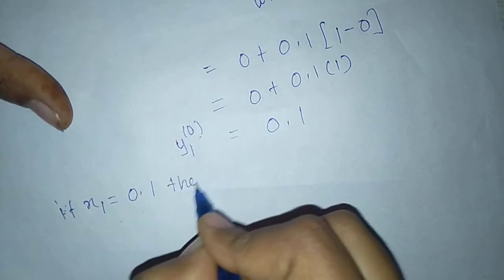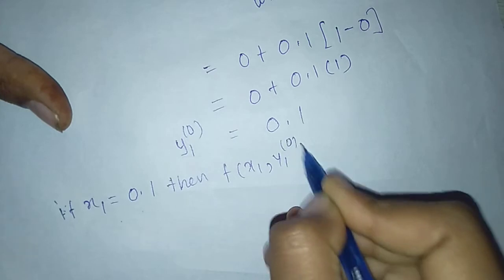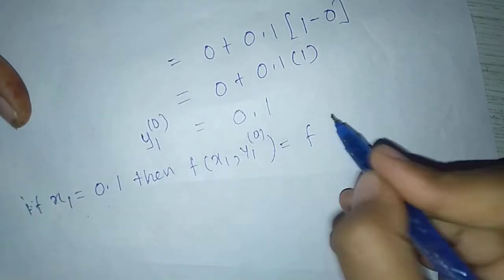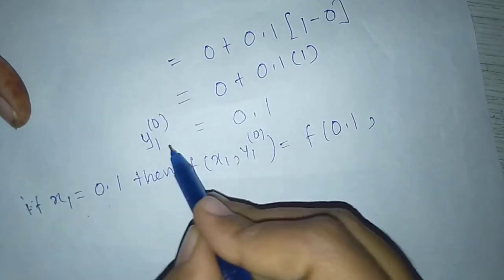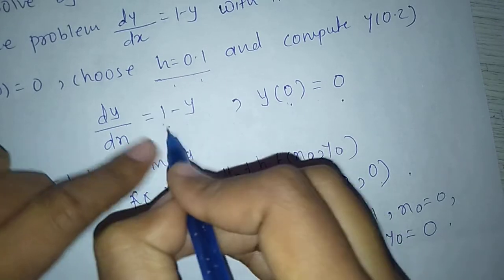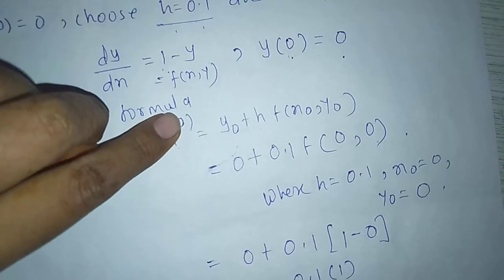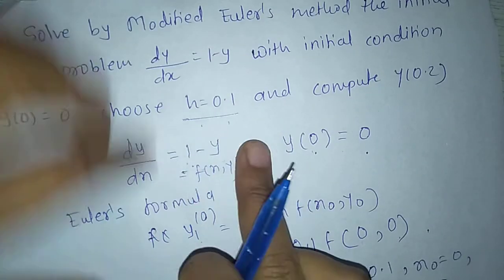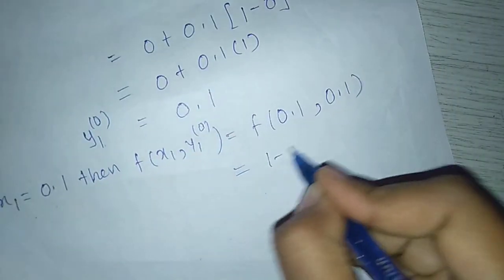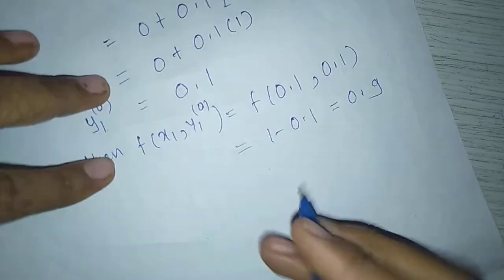Then f of x1 y1 raised to 0 equal to f of 0.1, 0.1.